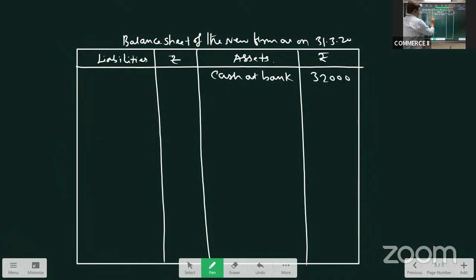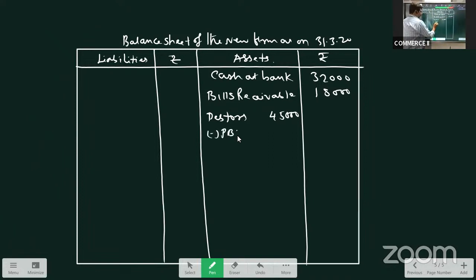Then bills receivable, there is no change, write as it is, 18,000. Debtors are given as 45,000 and we have created a provision.